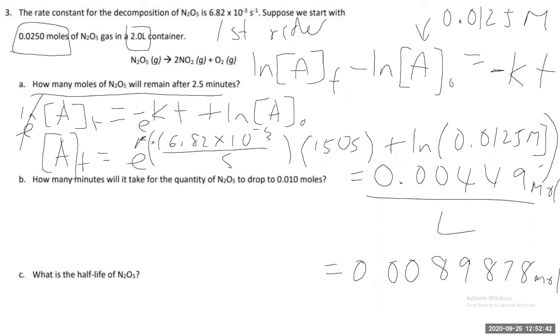Now, how many sig figs should I write this to? We're going to use 2. Look, 2 liters is the least amount they give you, so your answer better have the least amount. So you should be getting an answer of 0.090 moles. Does that make sense?